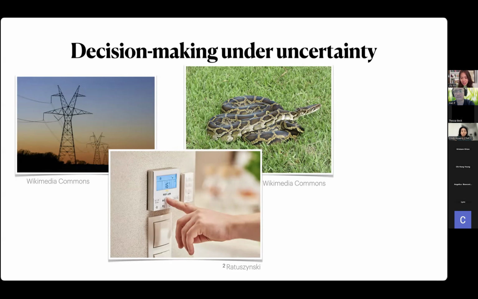So across all of these various settings, there are several characteristics of these problem contexts that are shared. All of these contexts require repeated interventions. So we repeatedly have to send a person to do some kind of action.